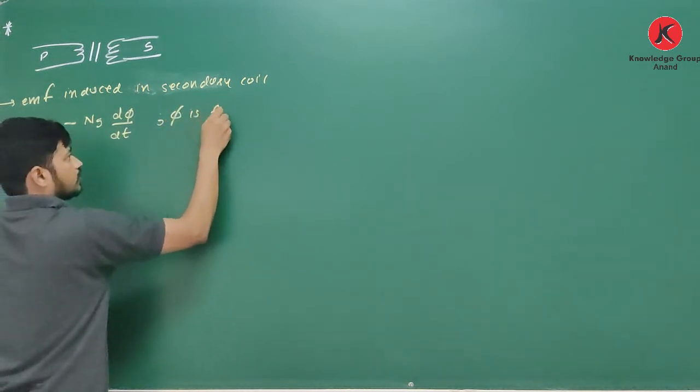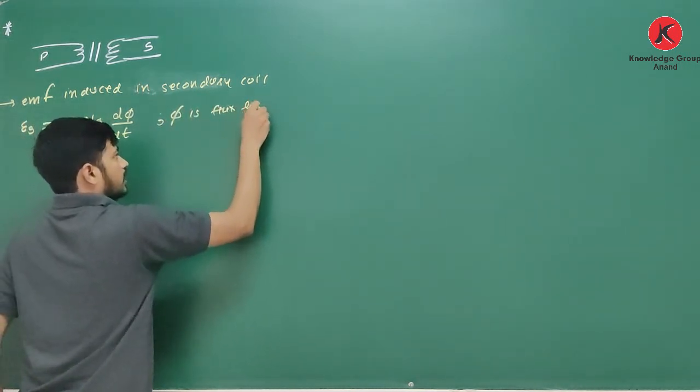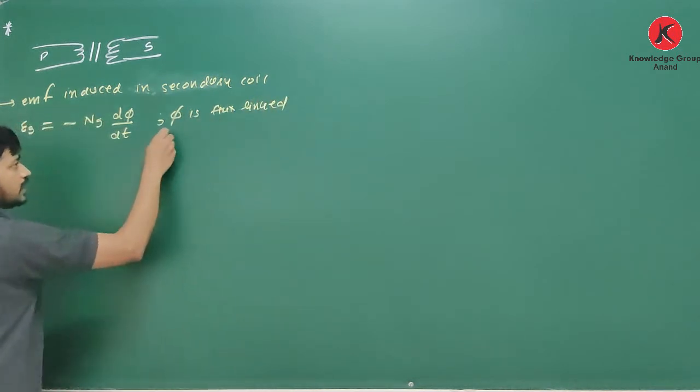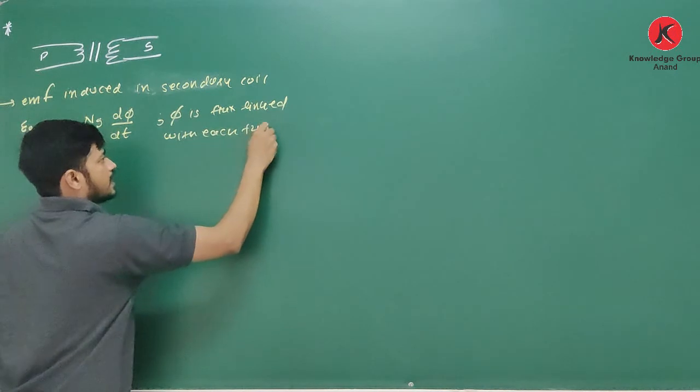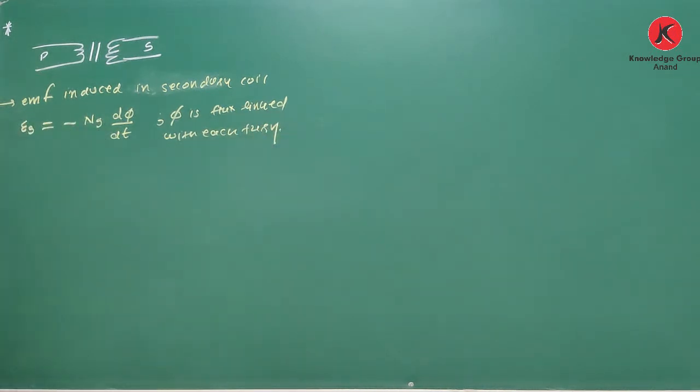Phi is flux linked with each turn. So ES is equal to minus NS d phi upon dt. Clear about this?